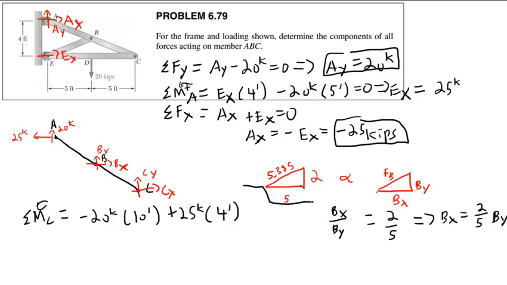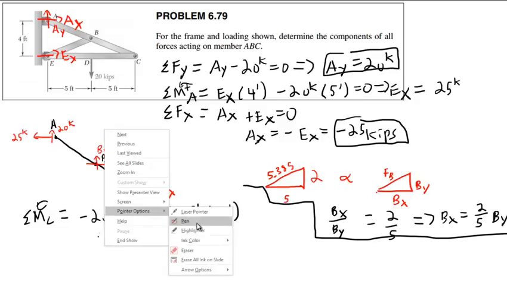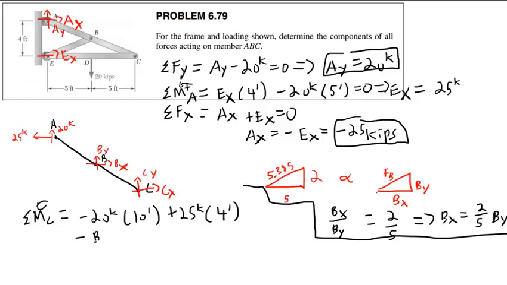So let me kind of cordon this off here. 25 kips times 4 feet, positive moment, plus Bx, or actually, let me do a no, minus Bx, minus that, sorry. Minus Bx times a distance of 2 feet, minus By times a distance of 5 feet.